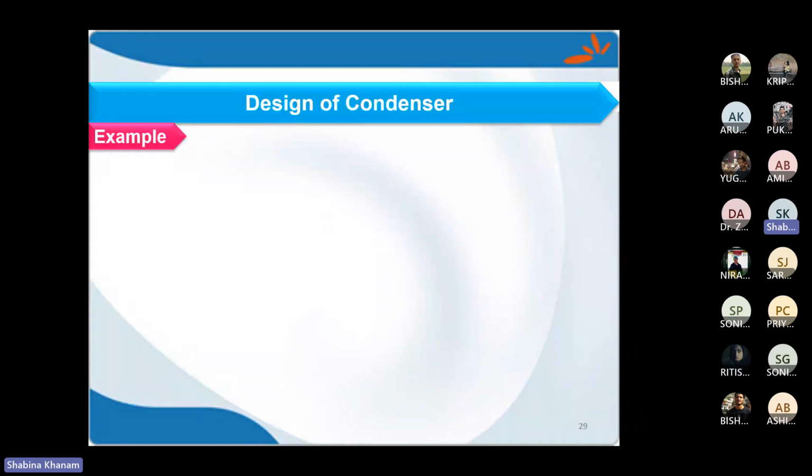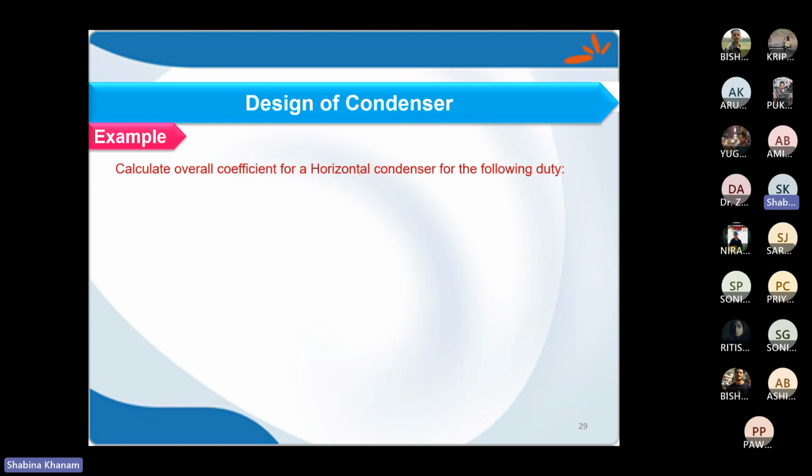So how to count all these factors, we discussed in the last class. Now in today's class, I will consider one example to show you how the condenser design will be processed, and then we will proceed further.